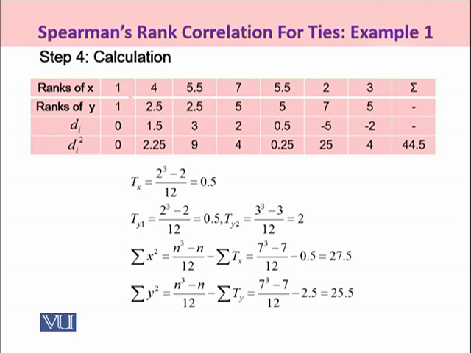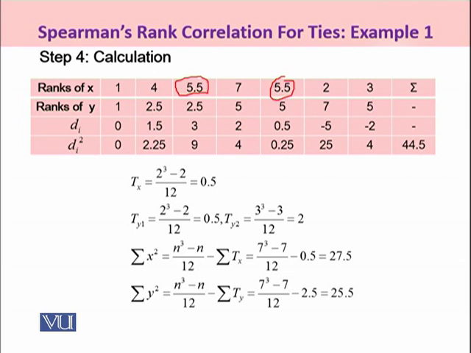We have assigned the rank of 1 to the minimum value of x, and the same with y. We have assigned the minimum rank of 1 to the smallest observation under y. If we observe x, you can see this 5.5 value and here you can see this 5.5 value; they are tied to each other.